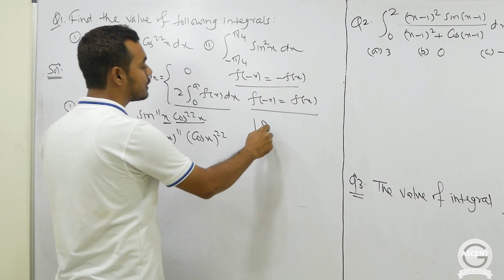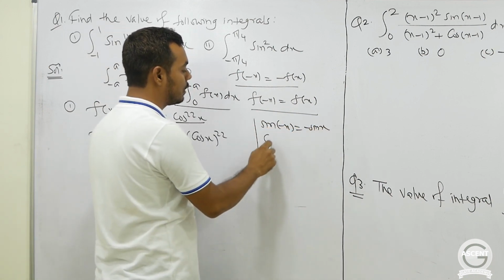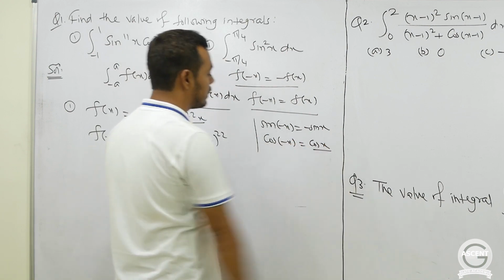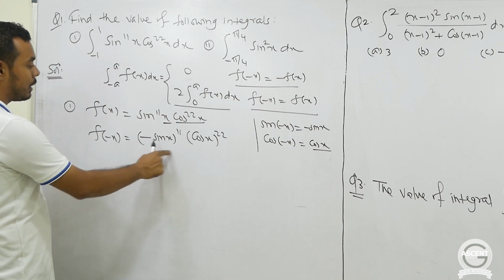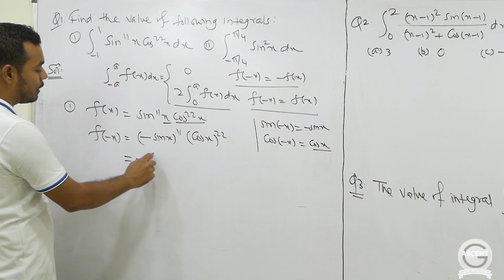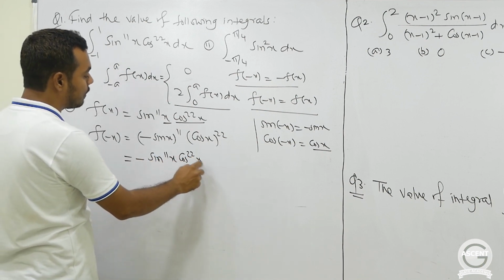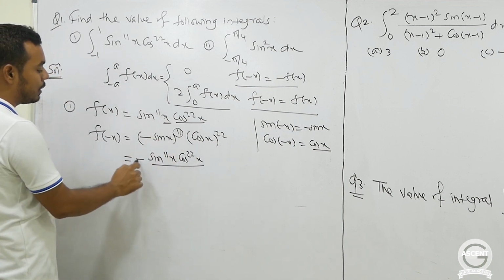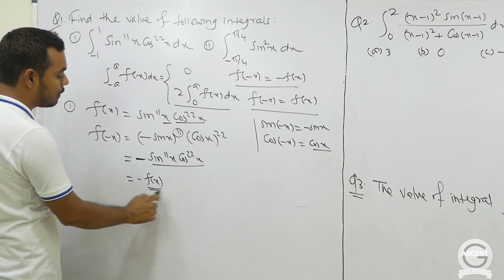We all know that sine minus x is minus sin x and cos minus x is plus cos x. So this is our f of minus x. Now you have minus 1 to an odd power, so this will be minus sine to the power 11x cos to the power 22x, and this is nothing but minus f of x.